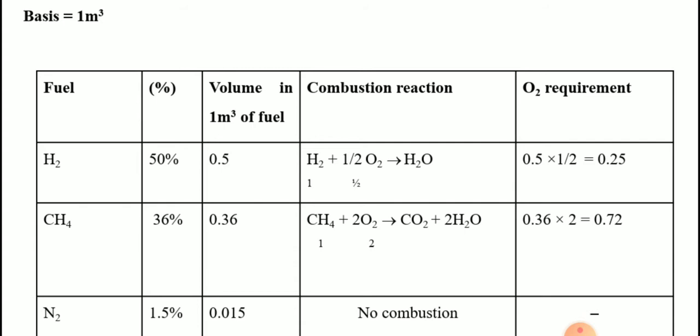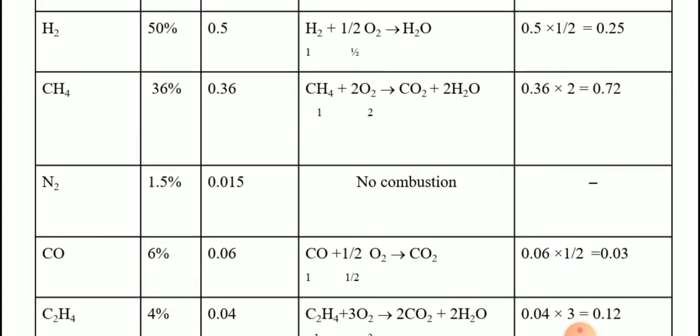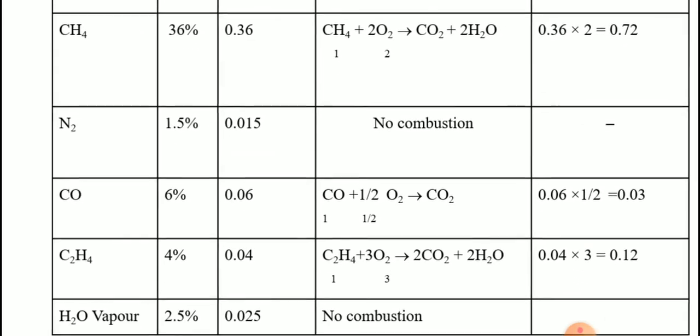Methane is 36%, volumetric composition 0.36 meter cube. The oxygen requirement for methane is 0.36 into 2, because 1 mole of it requires double the oxygen. 0.36 into 2 is 0.72. Nitrogen is a non-combustible matter.